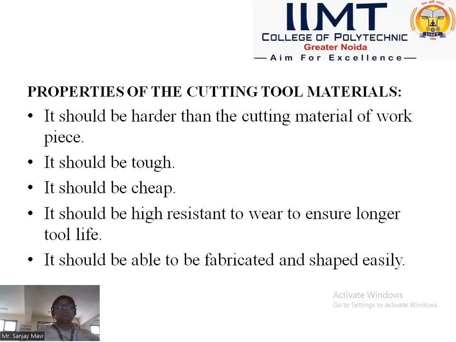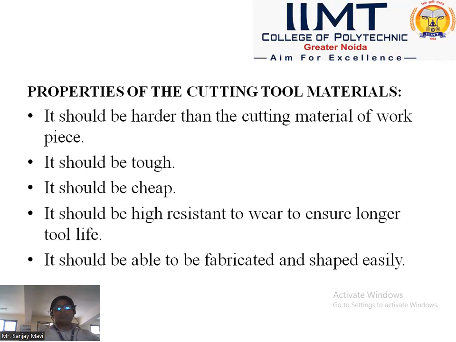Now come to the properties of cutting tool materials. Properties of cutting tool materials means the properties of the material of which our cutting tool is made up of. So what should be the properties of that material of which we want to make a cutting tool?